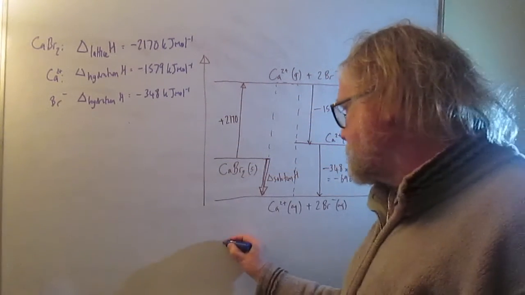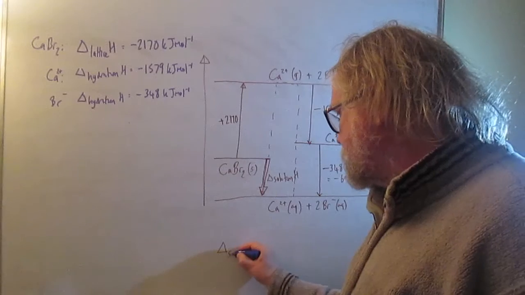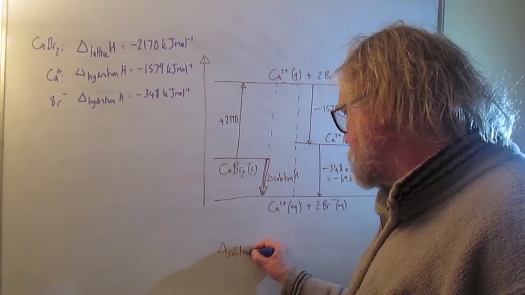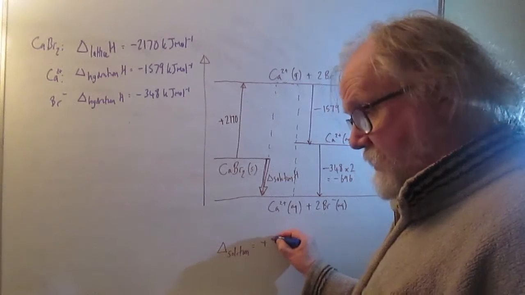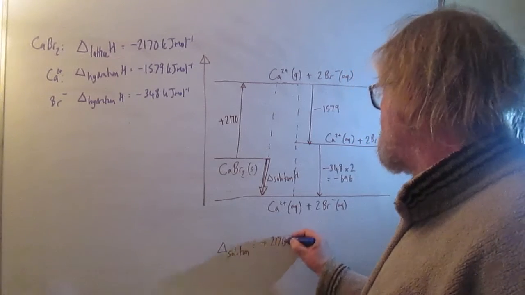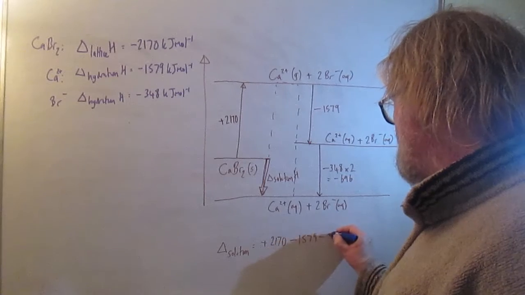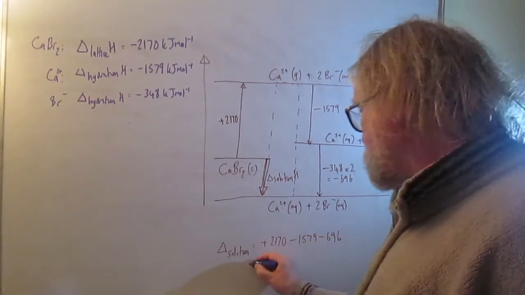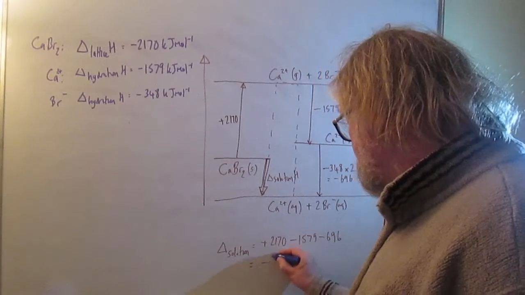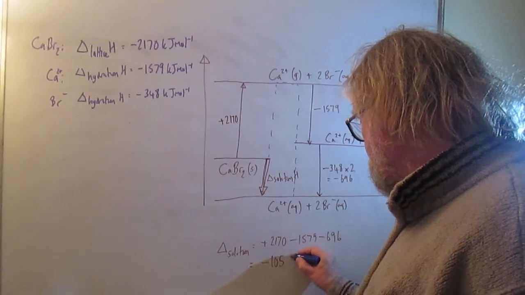And so we get that delta H of solution is plus 2170 minus 1579 minus 696, which comes out as minus 105 kilojoules per mole.